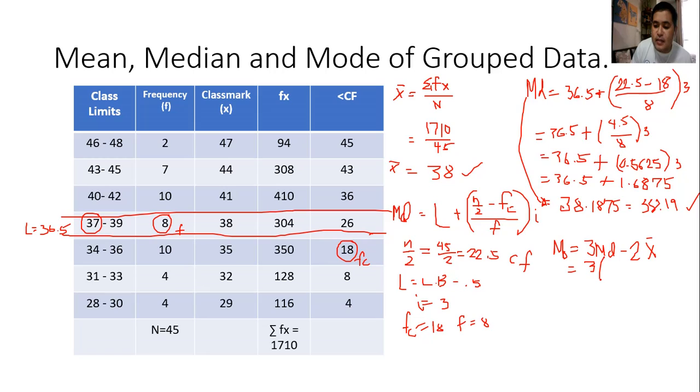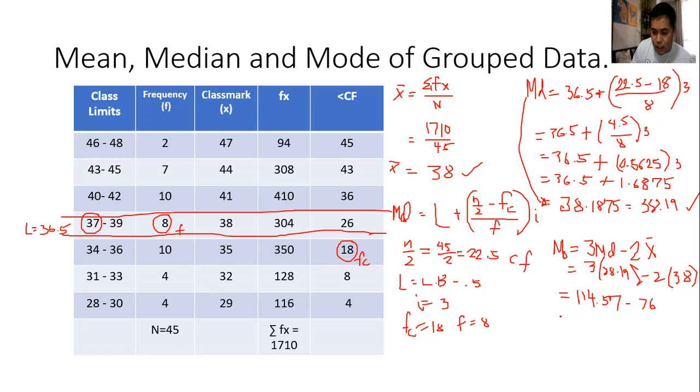So 3 times, since we already computed 38.19, minus 2 times 38. Okay, so 3 times 38.19, that is, I think, 114.57 because I already pre-computed it, minus, of course, 2 times 38 is 76.